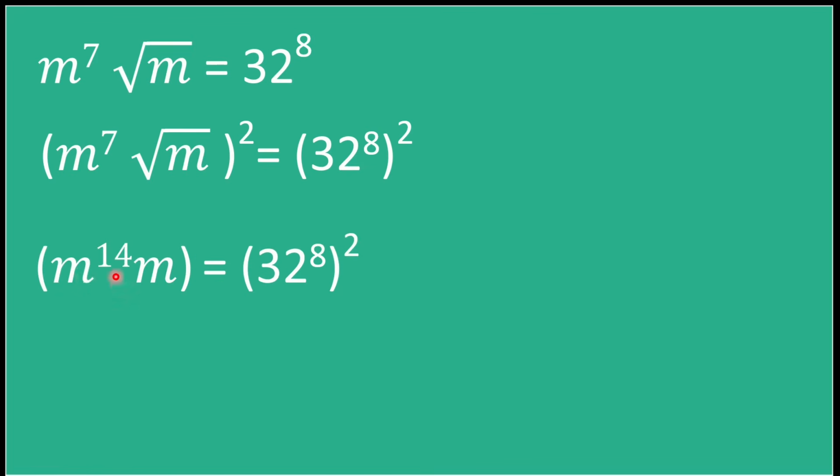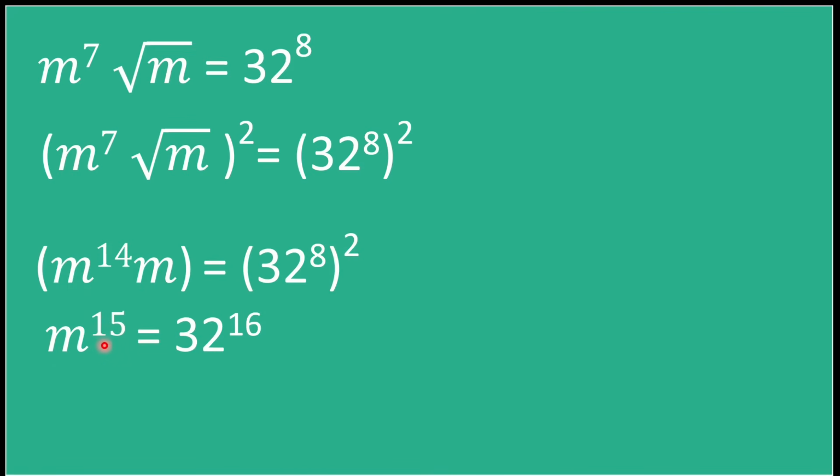So overall this will become m power 14 into m, which is equal to 32 power 8 all power 2. So now this will become 8 times 2 equal to 16, that is 8 into 2. So this will become 16, and this will become m power 15. So this is our value.